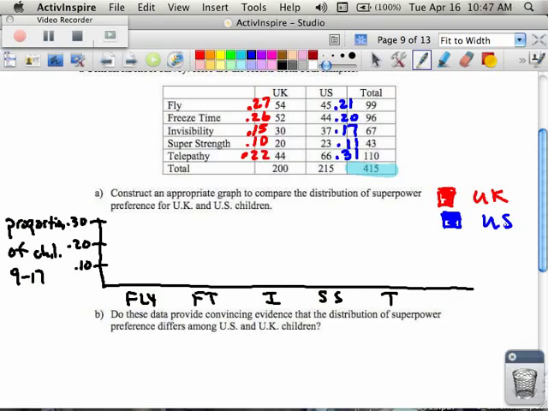So if I look at just the UK, to start out with, I know that the UK for flying was 27, so I would put a bar going up to about 27. For freeze time, it was 26. For invisibility, it was 15.